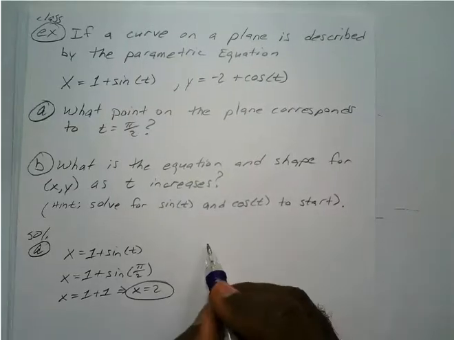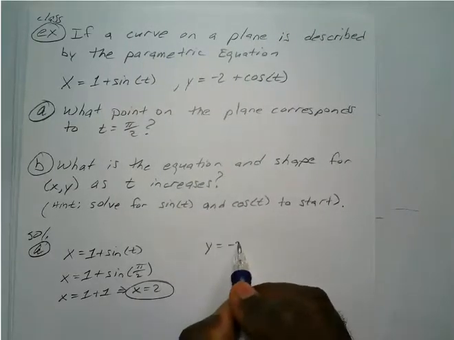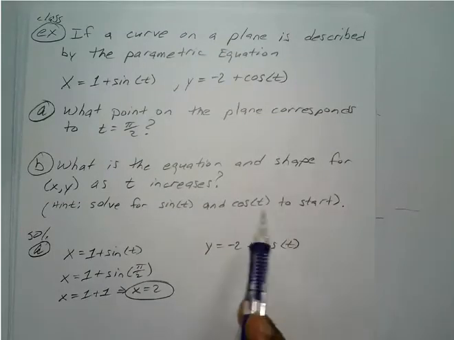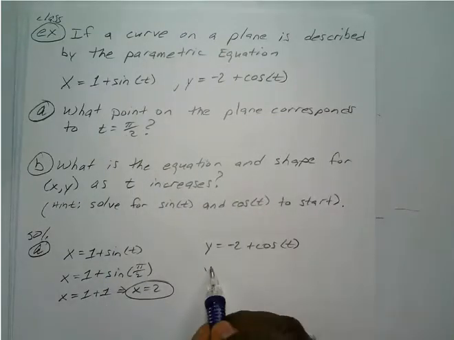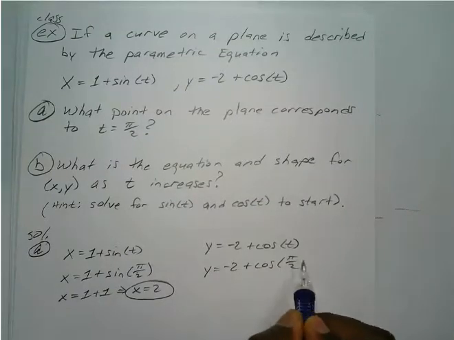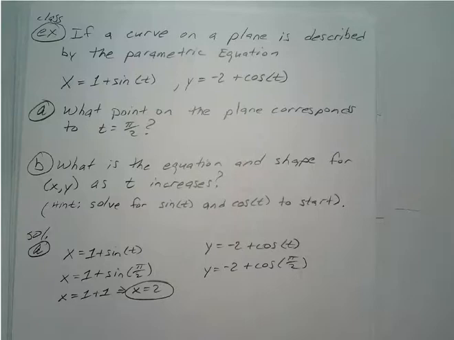Okay, so let's go with y. y equals negative 2 plus cosine t. Replacing that with pi over 2, negative 2 plus cosine pi over 2. Cosine of pi over 2 is equal to 0.